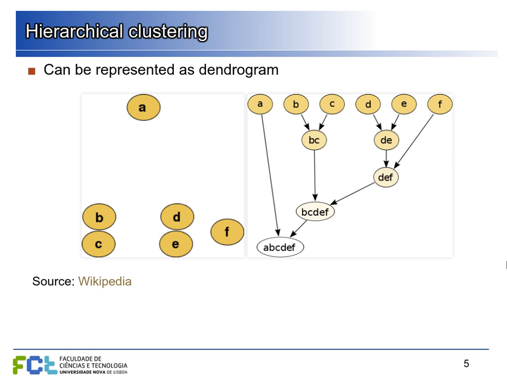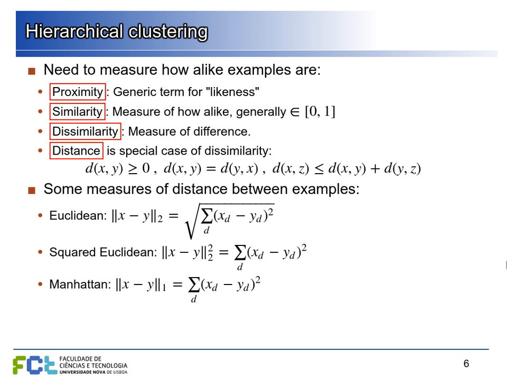And then we have this F here, which is close to the DE group, so the F comes in later. And now the two closest things are these two groups, the BC and the DEF group. So we join them together into this larger group, and then finally A comes in because A is very far away from the rest. So we can represent a hierarchical clustering of these data using this dendrogram, this tree-like representation of which elements come together first and then which groups are bunched together into larger groups.